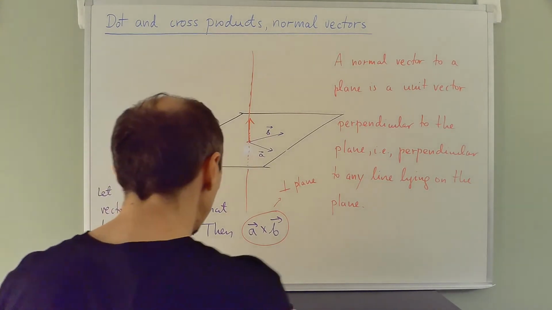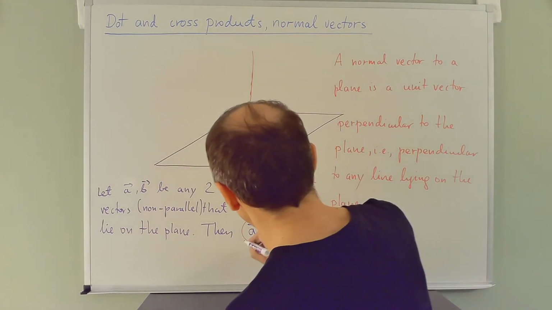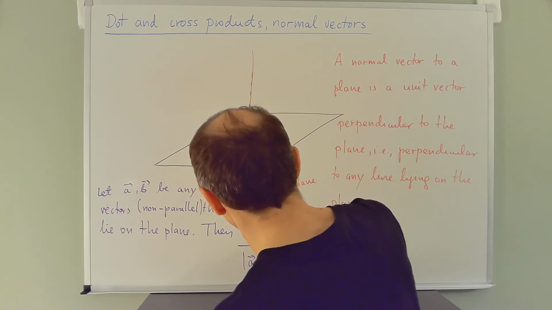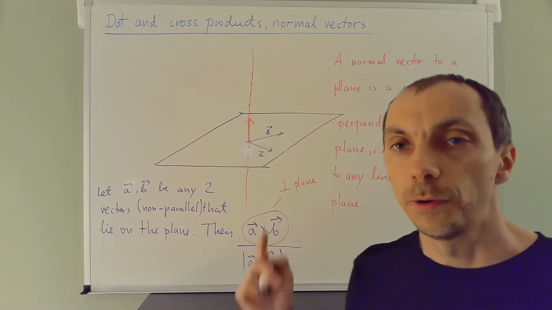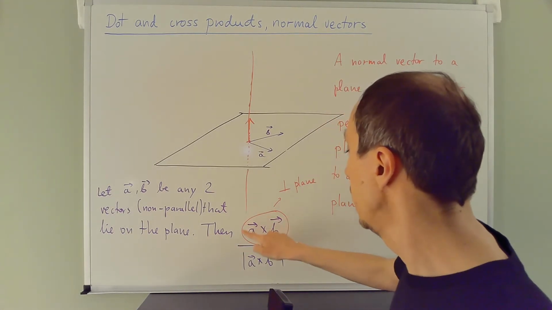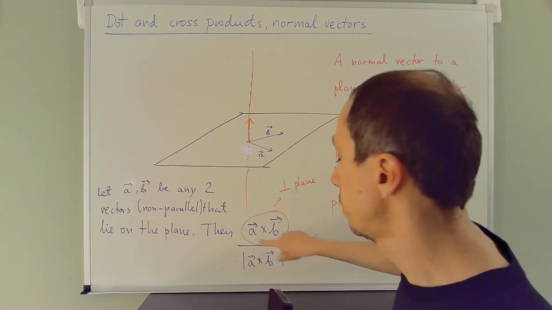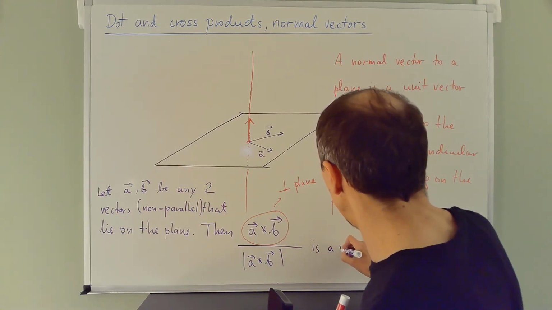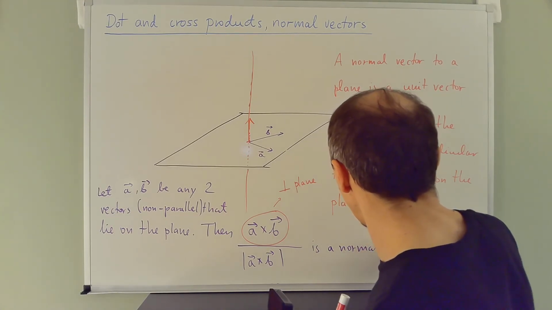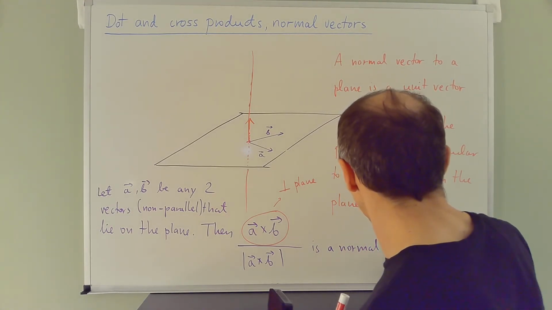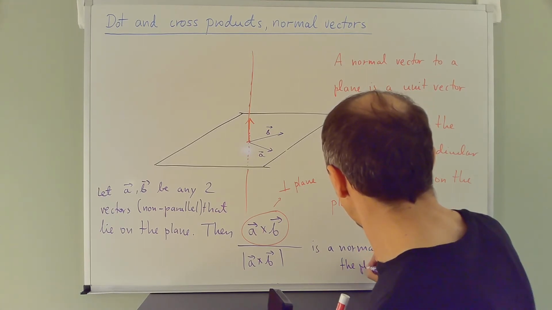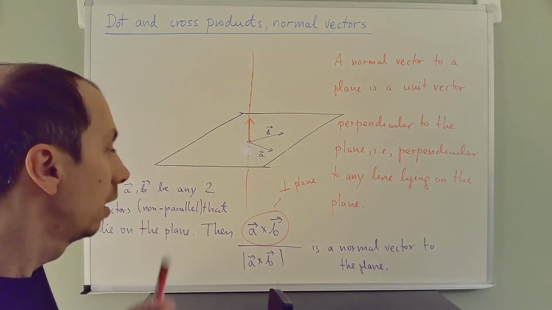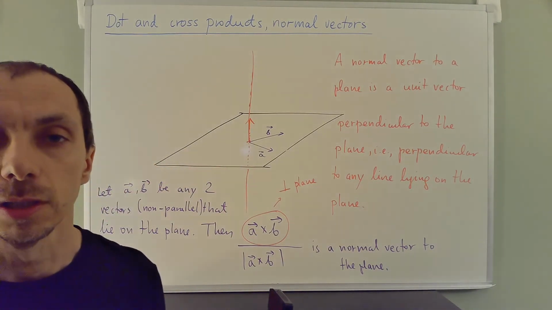But if I take this and divide it by its length, now I know, from what we've been talking about a moment ago, any non-zero vector divided by its length gives me a unit vector. Then this is a normal vector to the plane. By switching the order of A and B, you get the normal vector in the other direction.